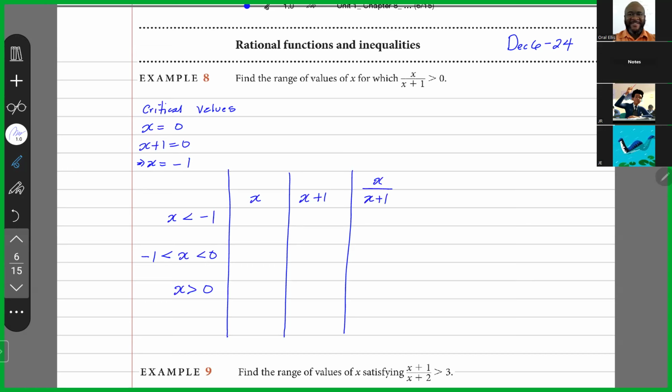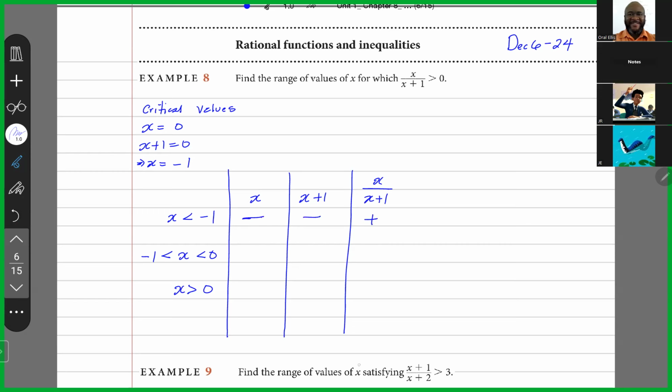Now, when x is less than minus 1, for example, if x is minus 2, the numerator, which is x, would be negative. And the denominator, which is x plus 1, would also be negative. A negative divided by a negative is a positive.